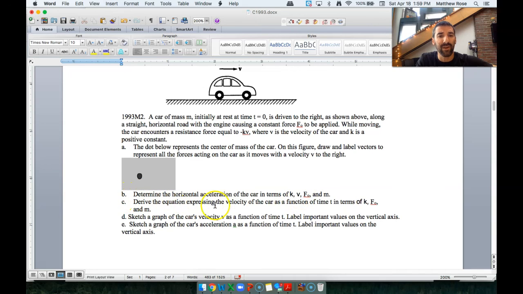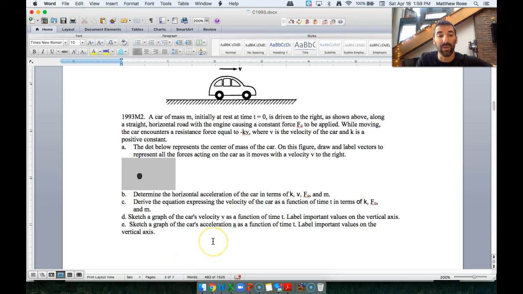Now, derive an equation expressing the velocity of the car as a function of time in terms of k, F naught, and m. That gets to be a little tricky, and a lot of people will get stuck there and then just move forward. I do want to point out you can tackle parts D and E without even doing part C. So for a lot of us, partial credit is going to be a way that we can earn 4s and 5s on that AP exam.